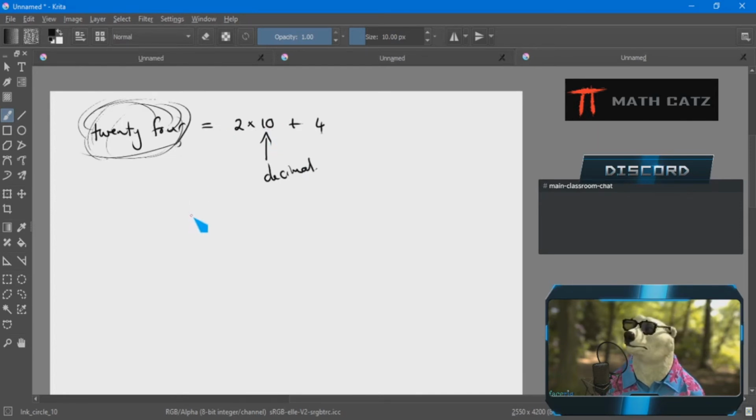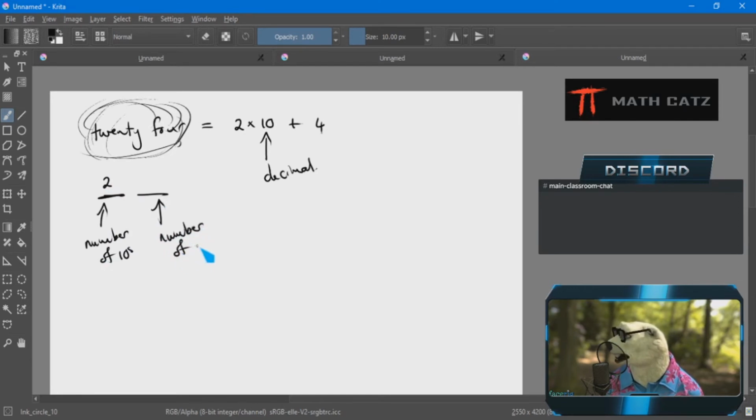So they didn't have the need, like we perhaps did, to stop at 10 and make more places. There's a place for the number of tens, 2. There's a place for the number of ones, if you will, units, leftovers, whatever.